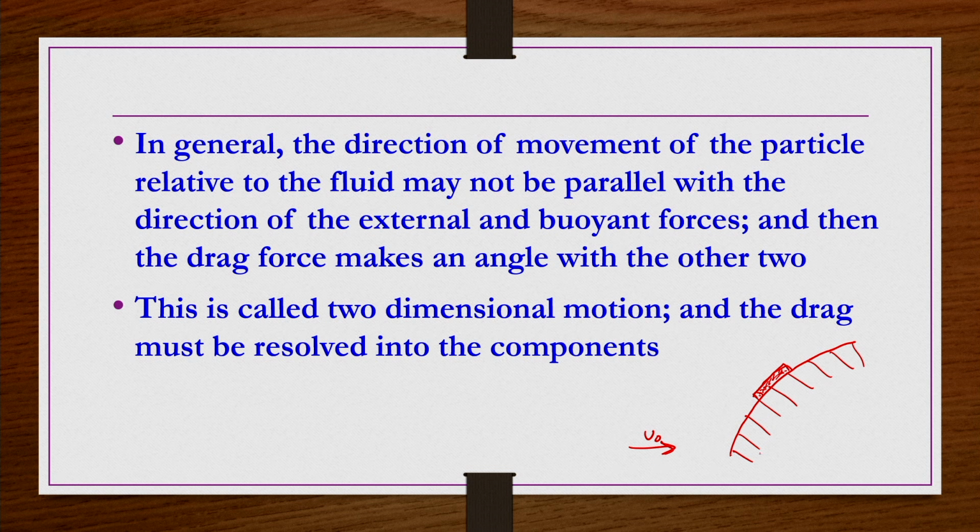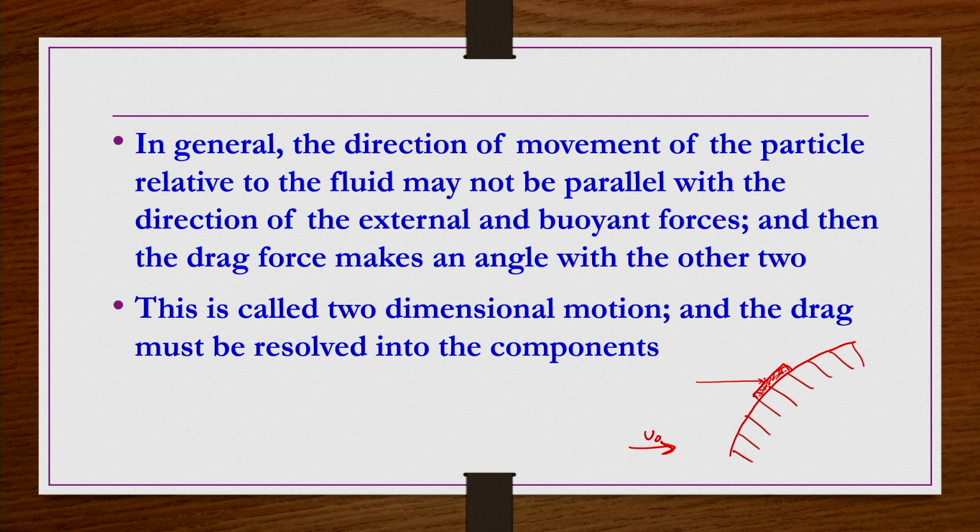But now the flow direction is horizontal, and this surface is making an angle with it. Based on that angle we have derived the components. Since it is making some angle with this surface, in general we will have different components.